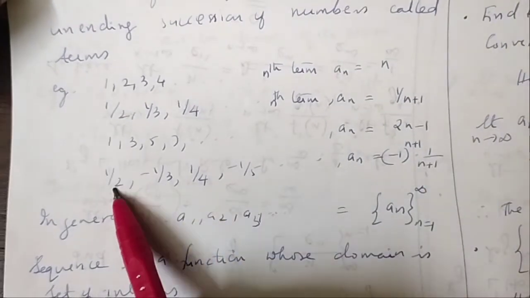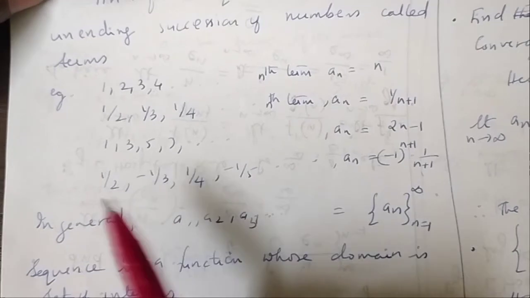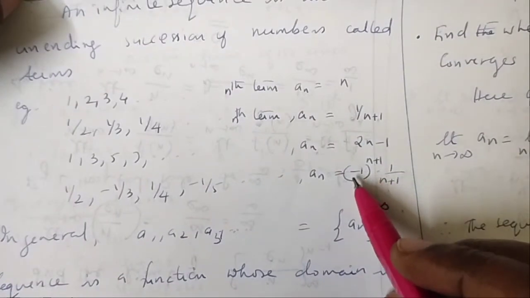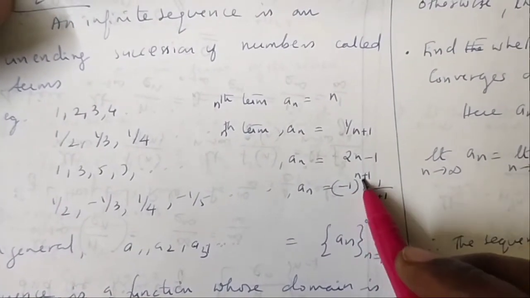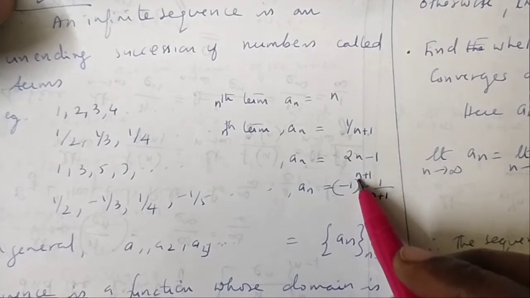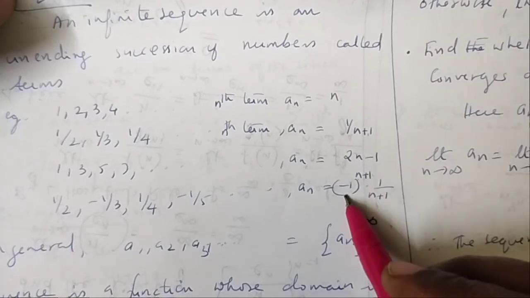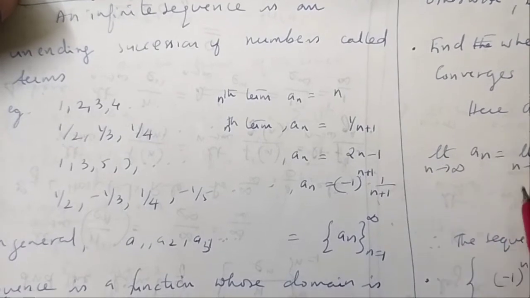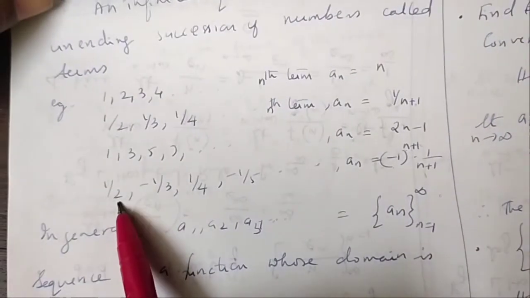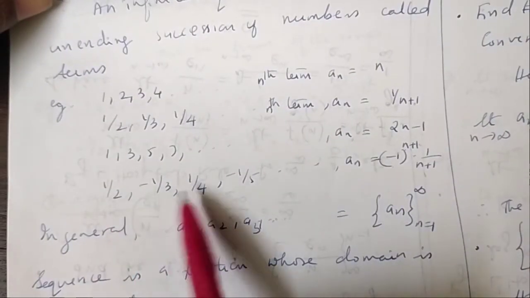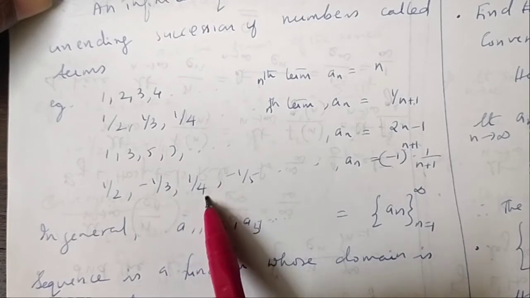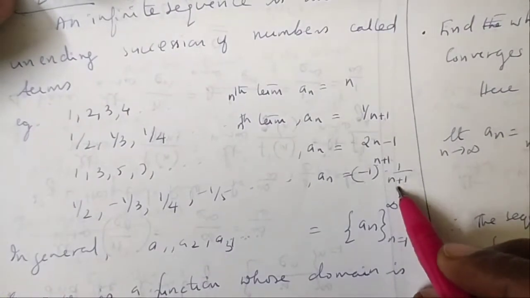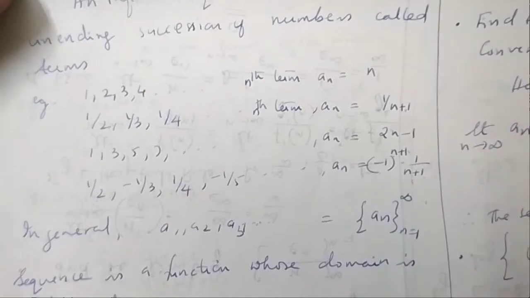But the first term is positive. To make the first term positive, you need to write minus 1 raised to n plus 1. For n equal to 1, 1 plus 1 is 2, minus 1 raised to 2 is plus 1, positive. The denominator of the first term is 2, second term 3, third 4. So nth term denominator is n plus 1.